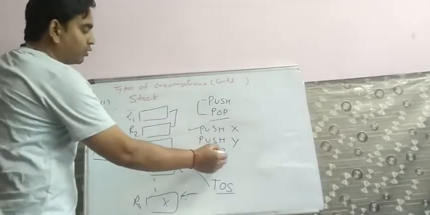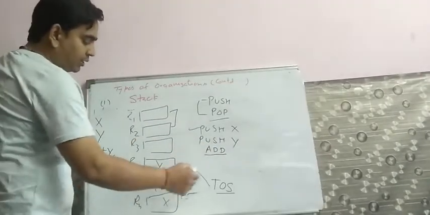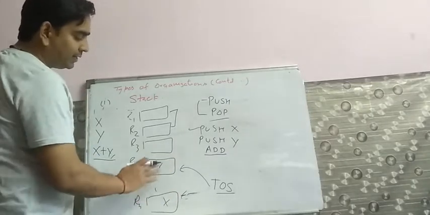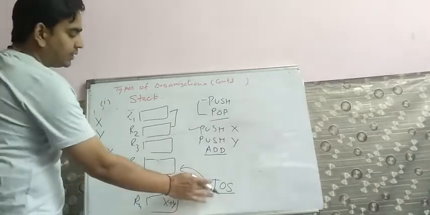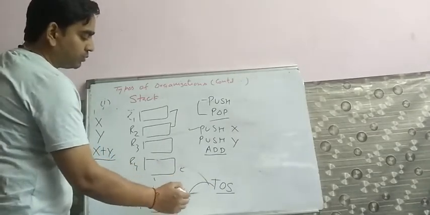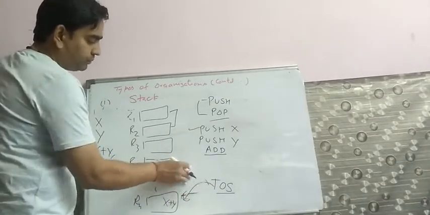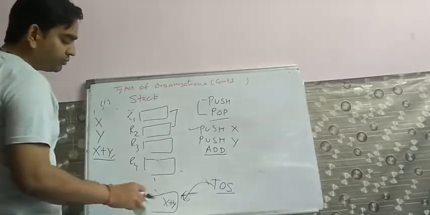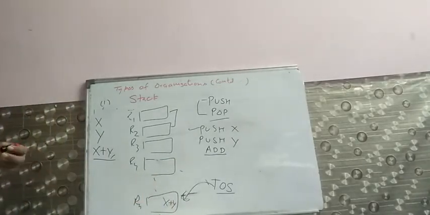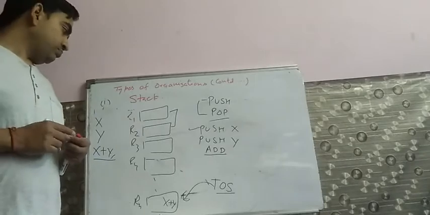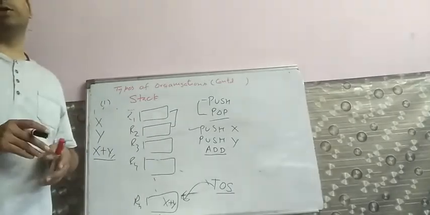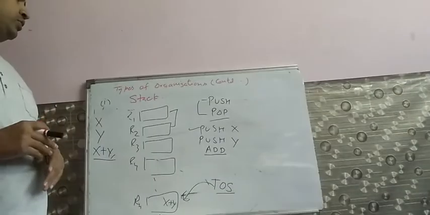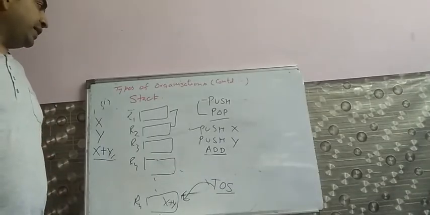When we call the add operation, the content of X and Y will be added and the result will be transferred to the top of the stack. Again the TOS will be pointing to this particular location. So in this way, with the help of the 2 operations, push and pop, we can arrange the registers or the memory locations in a computer to behave like a stack.